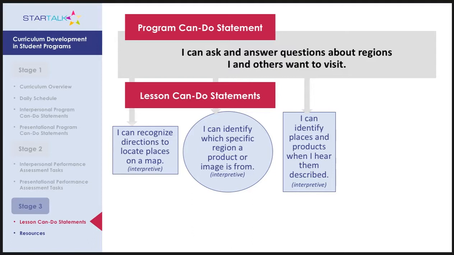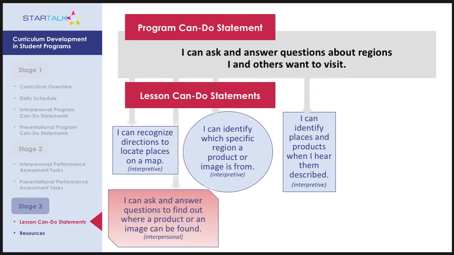Those interpretive tasks must be in place where students are given an opportunity to demonstrate comprehension of language before being asked to produce language in the interpersonal statement that you now see. I can ask and answer questions to find out where a product or an image can be found.